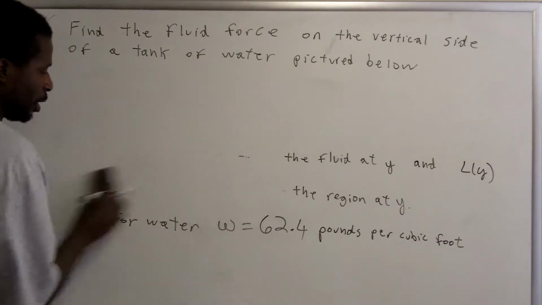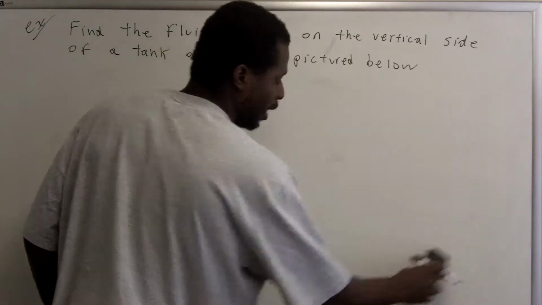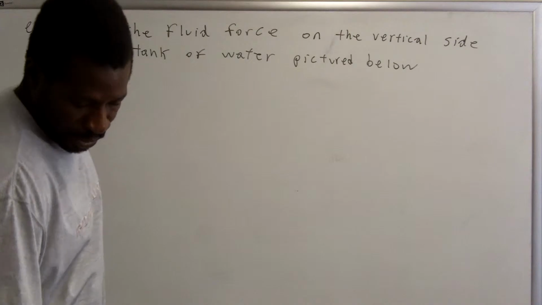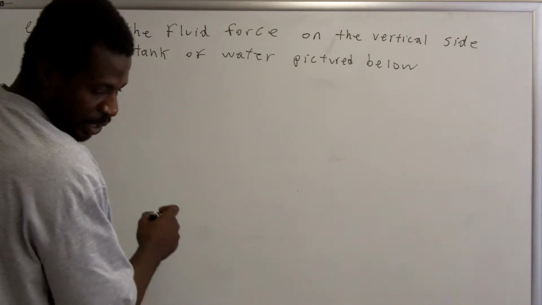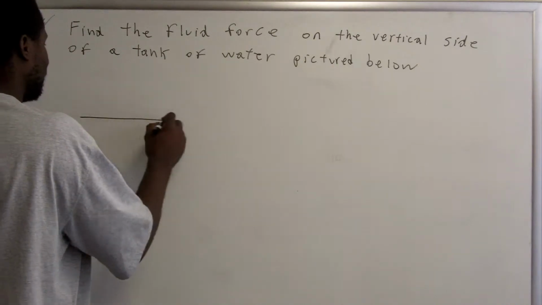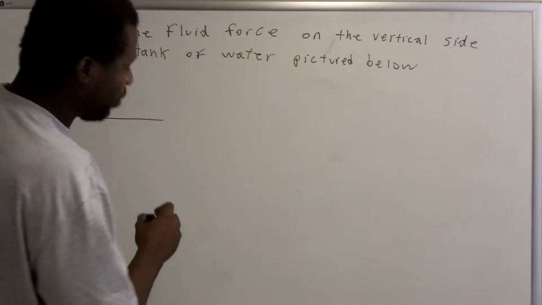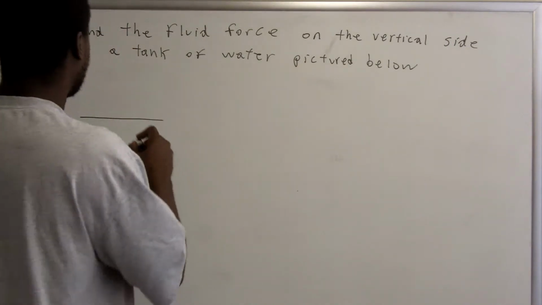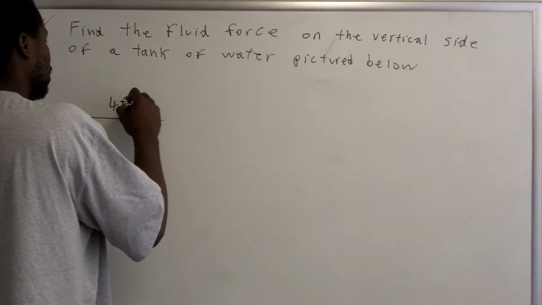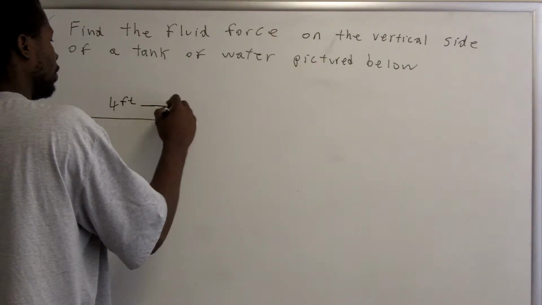So let's go ahead and look at the side of this tank. The side of the tank is a trapezoid, and the top of the trapezoid is 4 feet across.